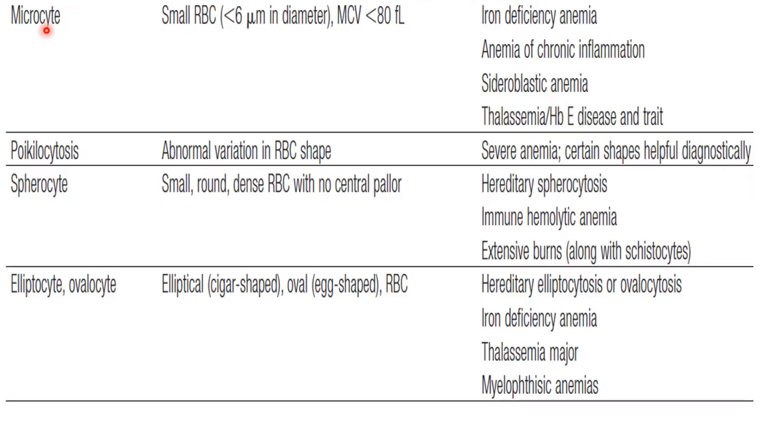Okay, microcyte naman, mas mababa ang MCV, less than 80 femtoliter. Tandaan natin yung mnemonics na to, no? So, ang mnemonics natin para sa mga may microcytes is ATIS. A for anemia of chronic inflammation, T, thalassemia, I, IDA, and S, sideroblastic anemia.